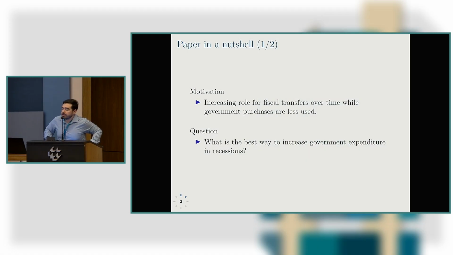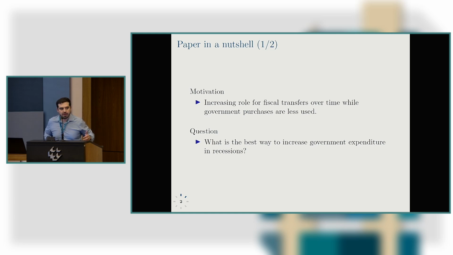Thank you for letting me discuss this amazing paper. I will start by summarizing the paper in a nutshell. The main motivation for the paper is that the authors observed that over time there is an increasing role for fiscal transfers, while government purchases are less used.